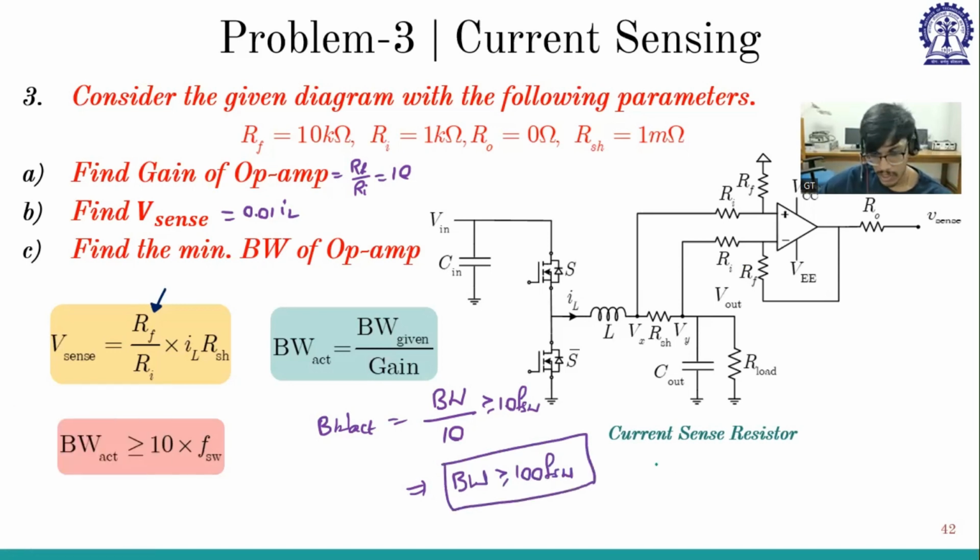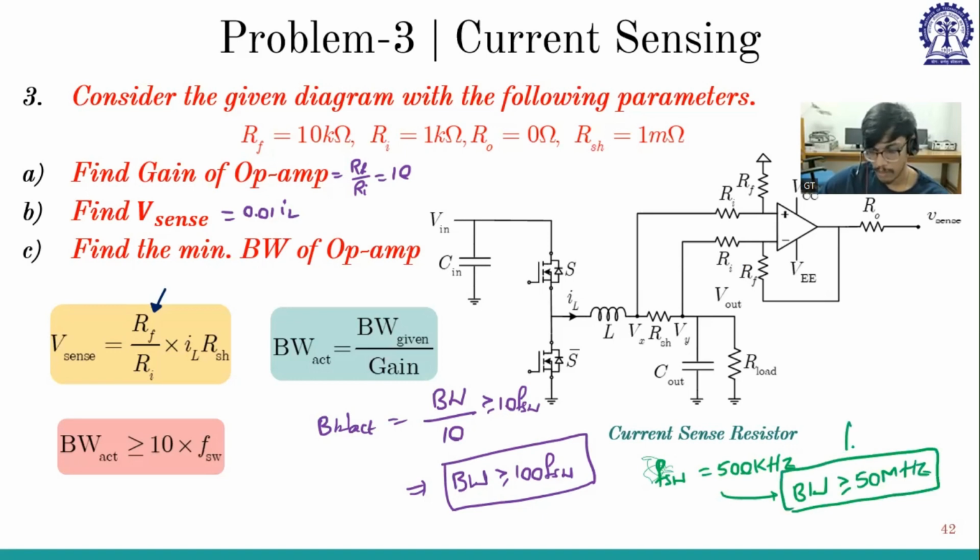So say the switching frequency is 500 kilohertz or 200 kilohertz. Then my bandwidth should be at least greater than 50,000 kilohertz or 50 megahertz. So whenever you are buying the op-amp, this should be kept in mind, that bandwidth should be more than 50 megahertz. Then only you can get the ripple information here.